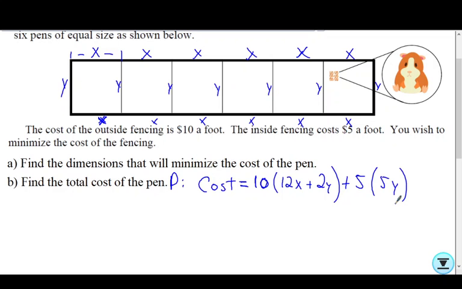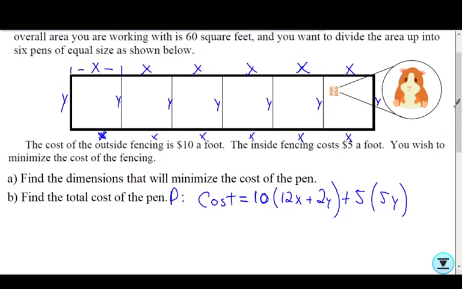Okay? So that is my cost equation. And now, that's my primary equation. What's my secondary equation? What's my limiting factor? What is it that I have as my constraint? The area. I only have 60 square feet.